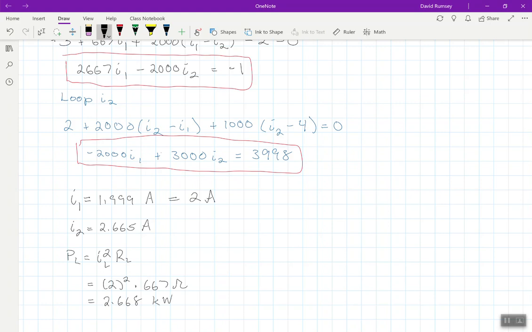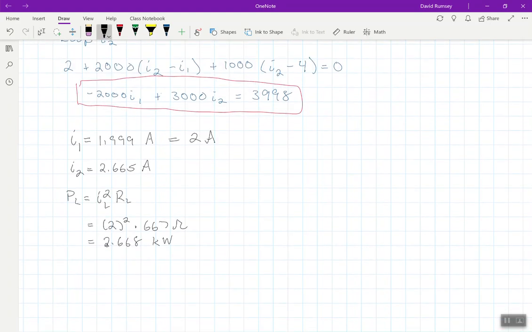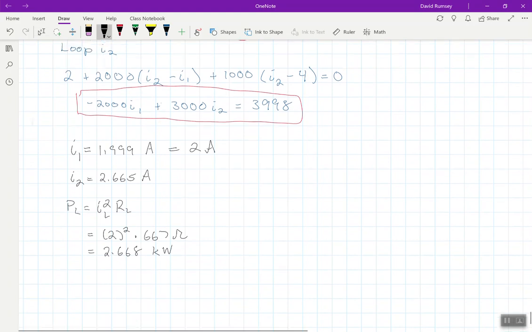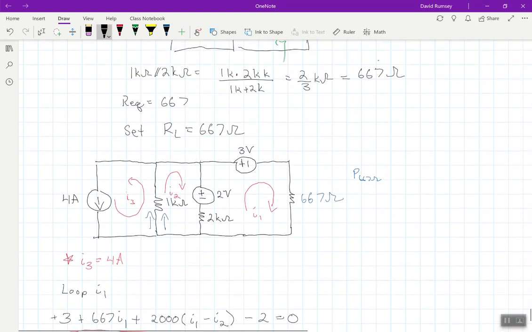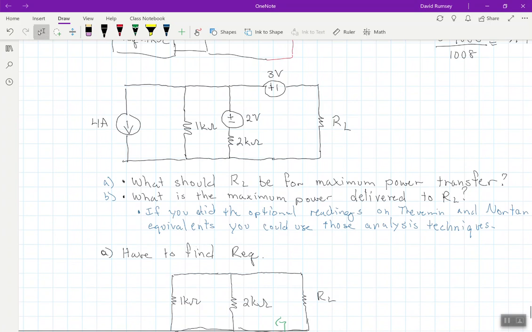And of course you could round that to 2.67 or 2.7 even, but we get 2.668 kilowatts of power being dropped across that.